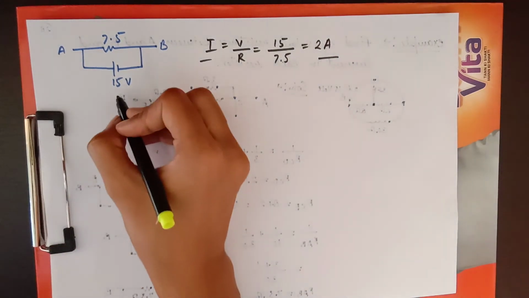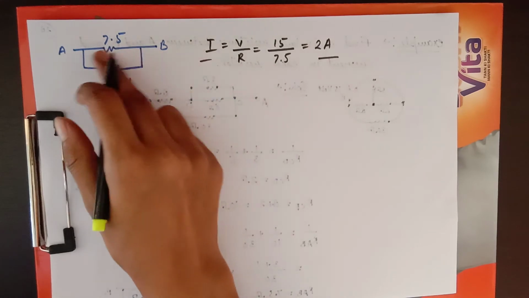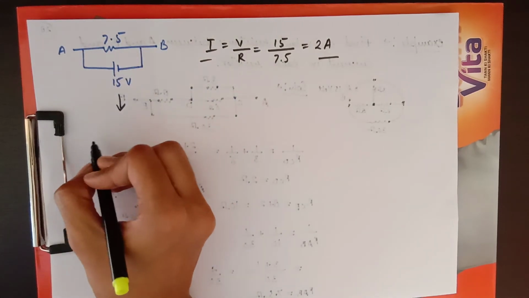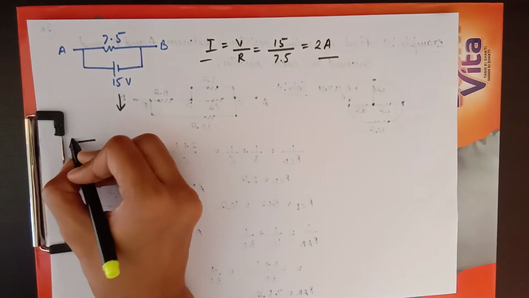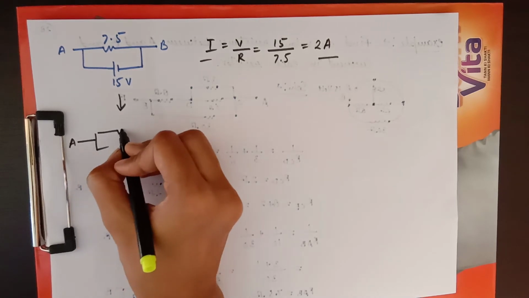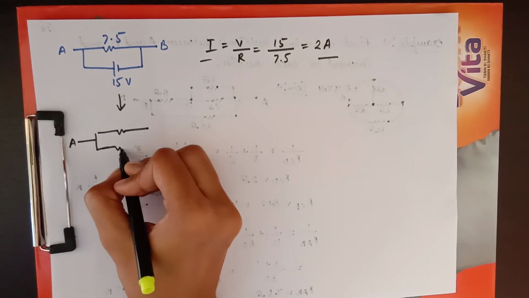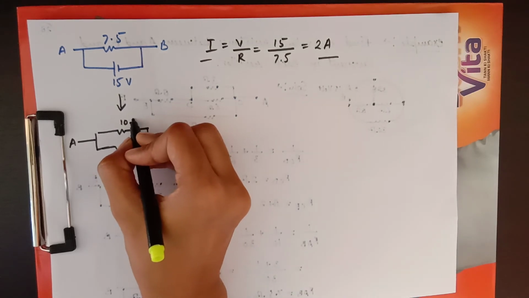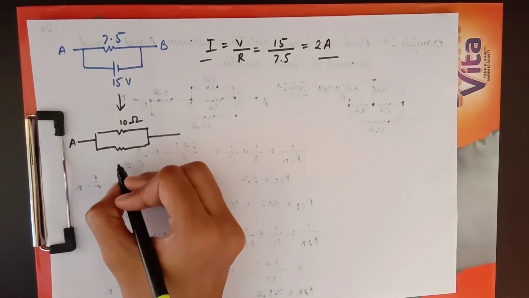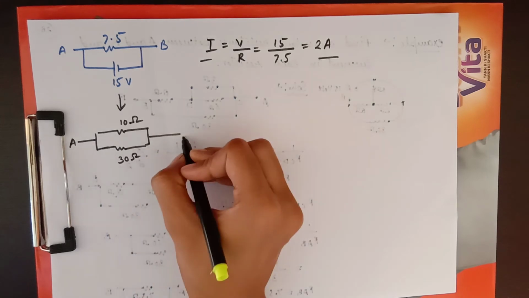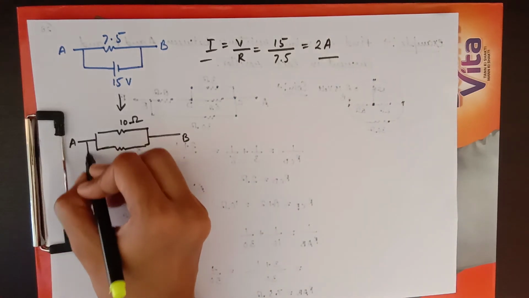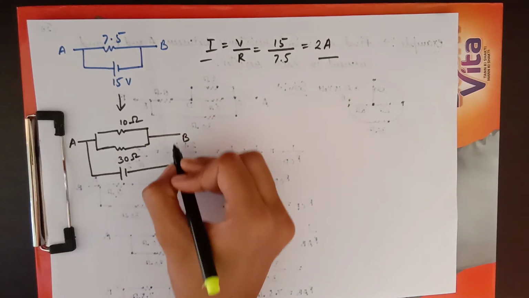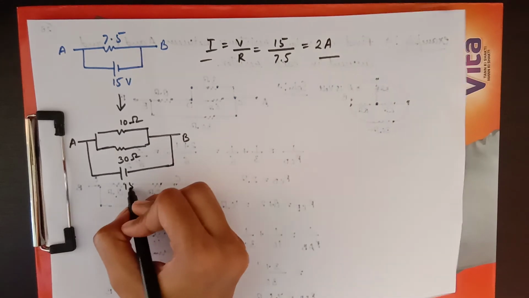Now we will go in reverse in this question. Before this situation we had two resistances between A and B. These were the 10 ohm resistance and the 30 ohm, with a battery of 15 volt.